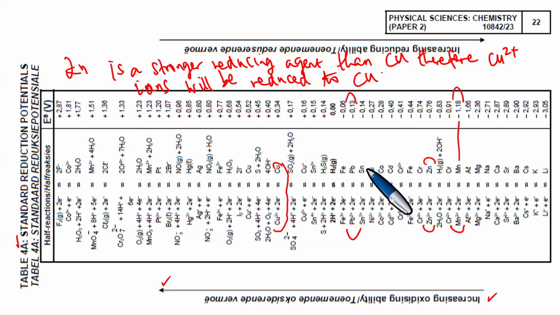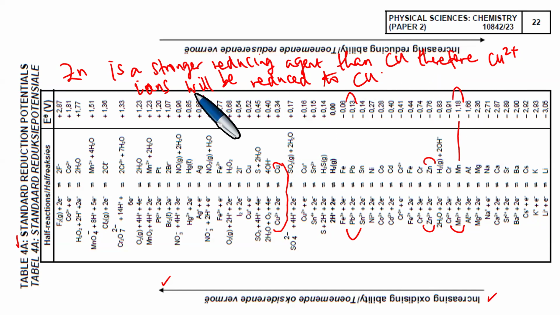If you look at this table, you have the positions of these, and I want us to look at them very carefully. If you go up, it's increasing oxidizing ability; increasing reducing ability when you go down. Zinc is at the bottom, so there's increasing reducing ability, which means zinc is a stronger reducing agent than copper.